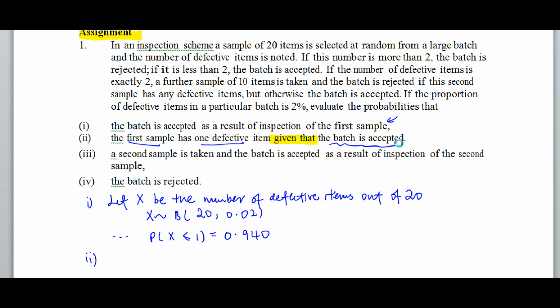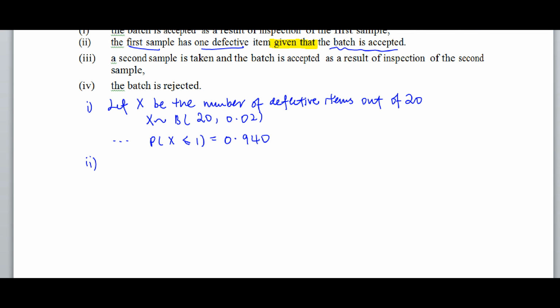Now, if you take a look closely at the question, there is a further sample of 10 items. So you take a first sample, which is 20. Now, if you have less than or equal to 1 defective, then it's accepted.